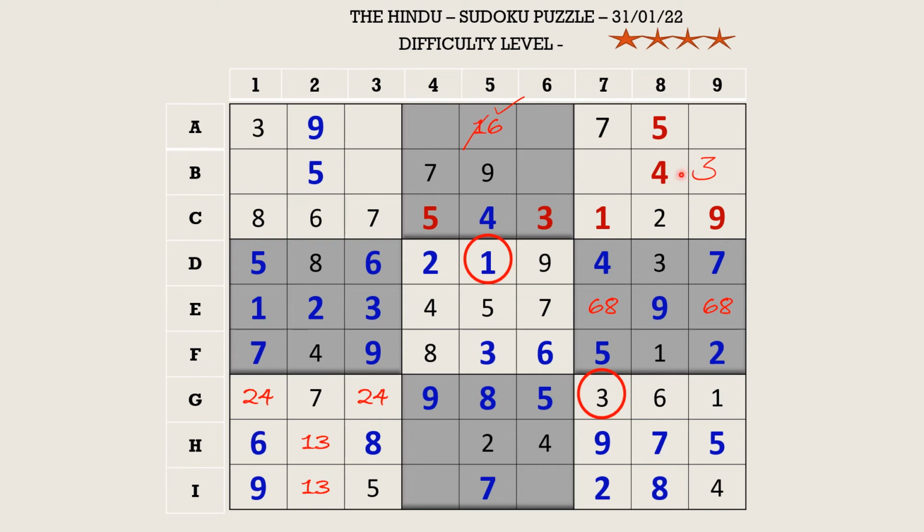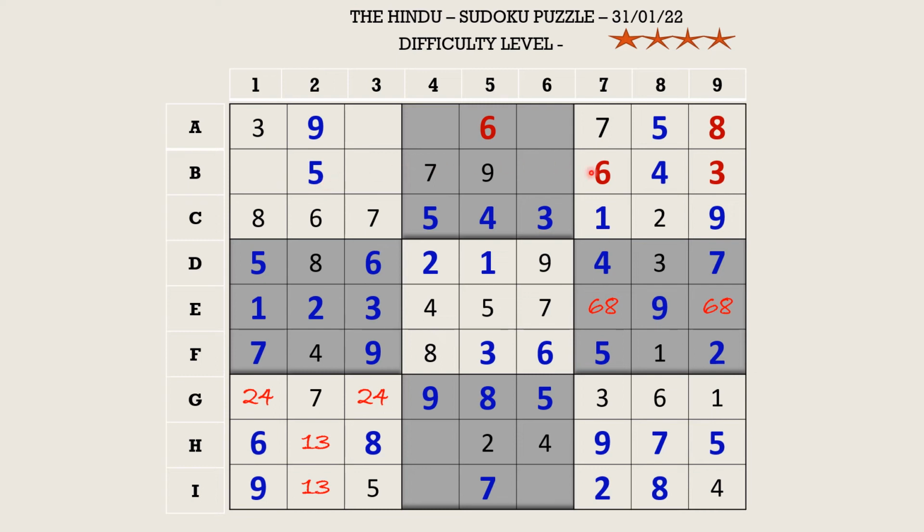Now in the third block there are only 2 empty cells and the missing numbers are 6 and 8. There is a 6 blocking here, so A9 takes 8 and B7 takes 6. In the first block there are 3 empty cells and the missing numbers are 1, 2 and 4.